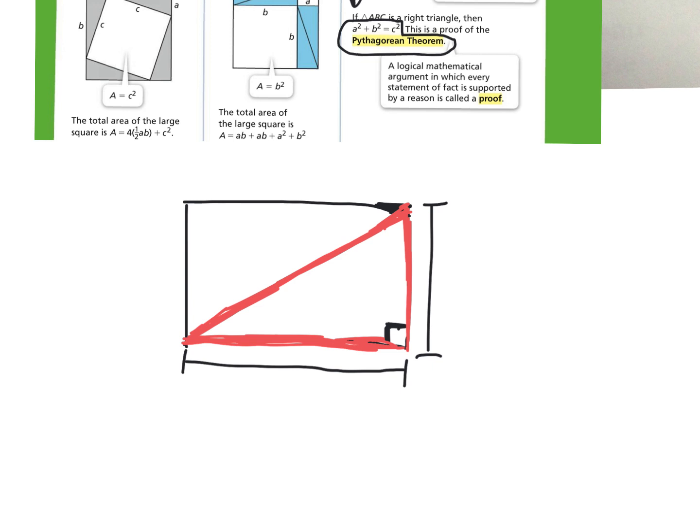Because if it's off a little bit, then this angle's different, and that's going to change the length of this diagonal also. Then we can say, oh wait, it doesn't work. We'll get into that later in the chapter, but that's just one practical application for how we can use the Pythagorean theorem.